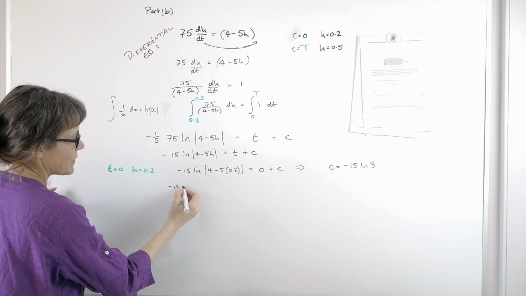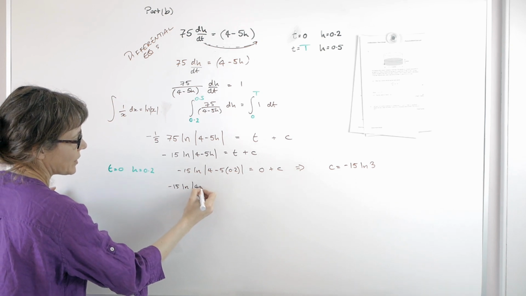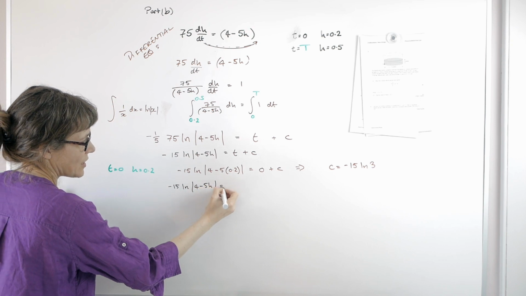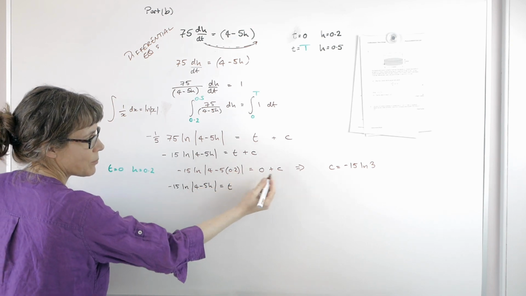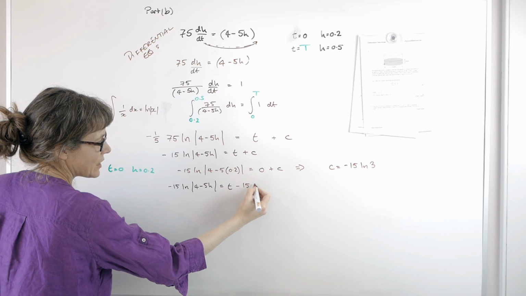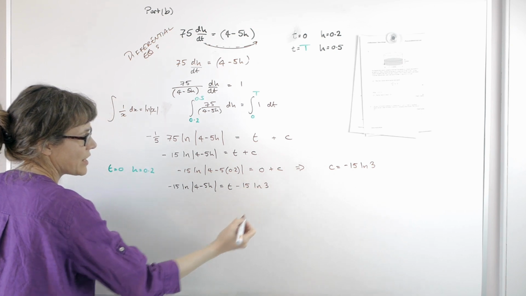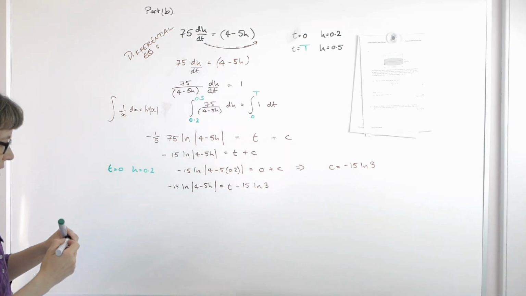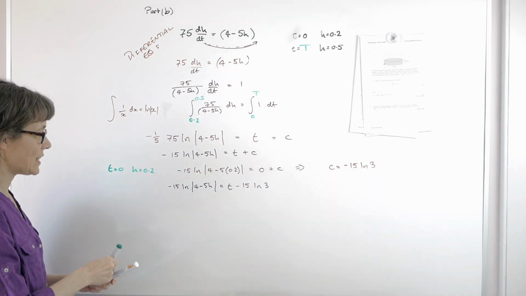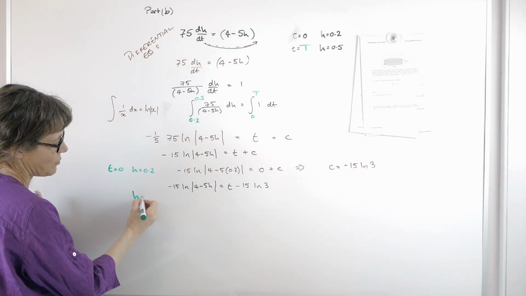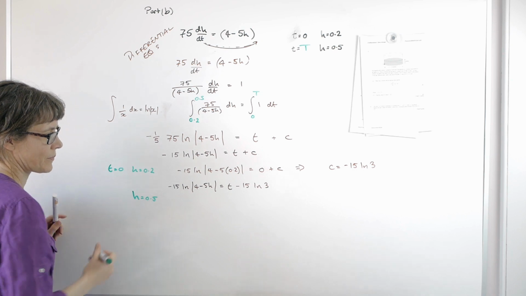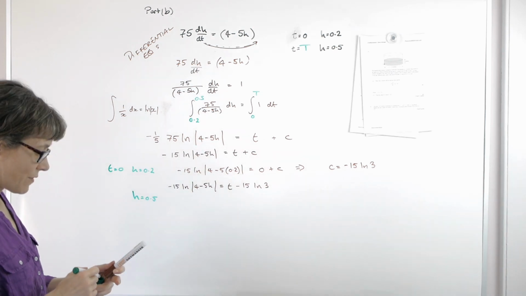We've got minus 15 ln of 4 minus 5h is equal to t, which is the variable, minus 15 ln 3. And the actual question says, what is t at h equals 0.5? So let's put 0.5 in there instead.